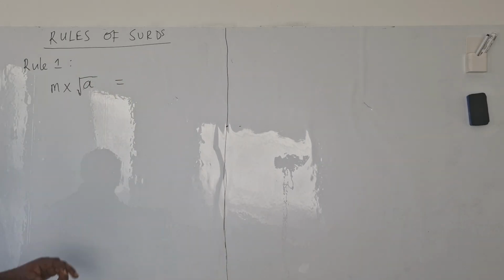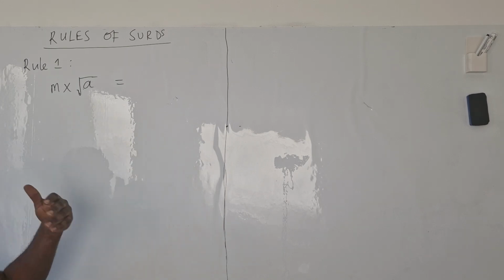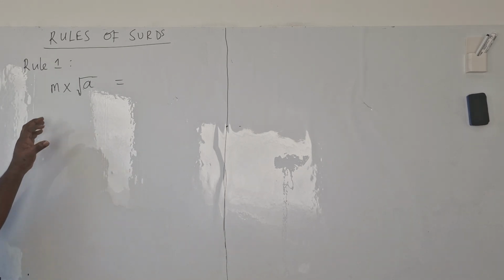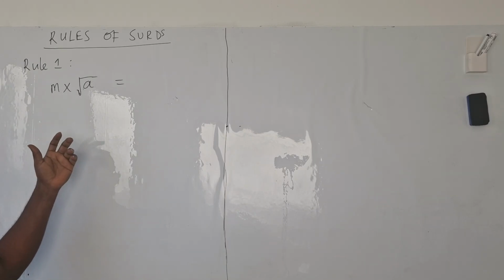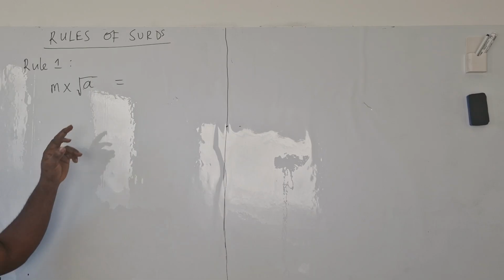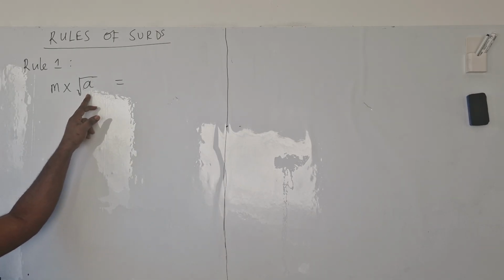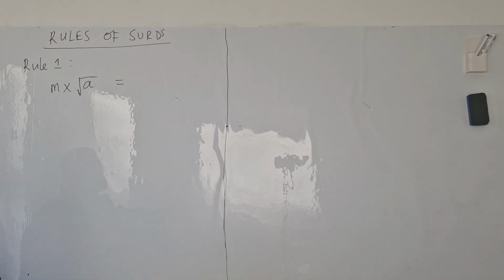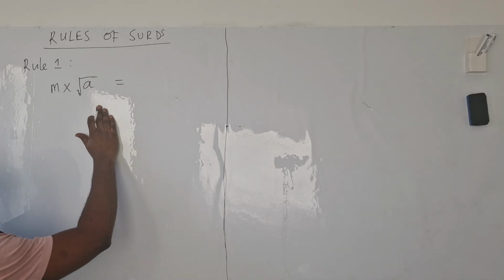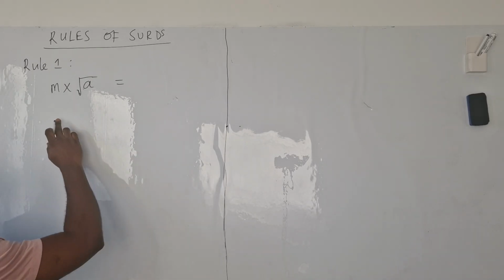m multiplying root a. What we simply mean is that m can be any number. It can be any number multiplying a surd, and the surd is root a. So when you have any number multiplying a surd, how do you multiply it?